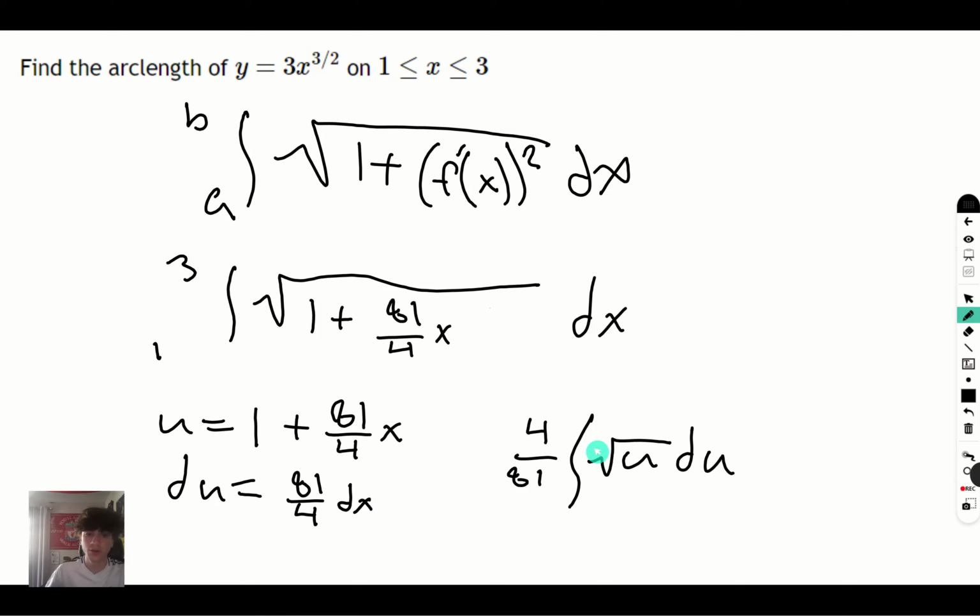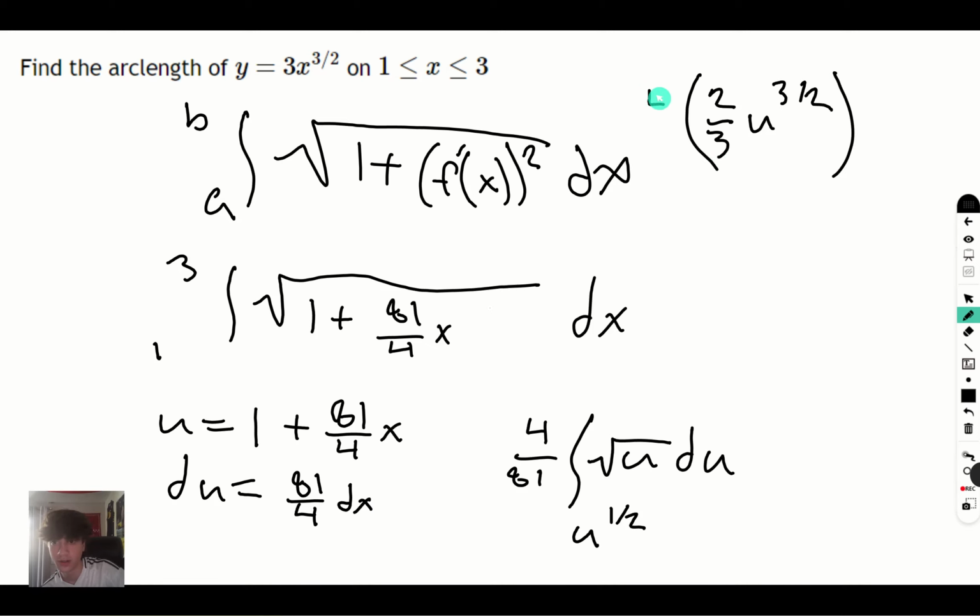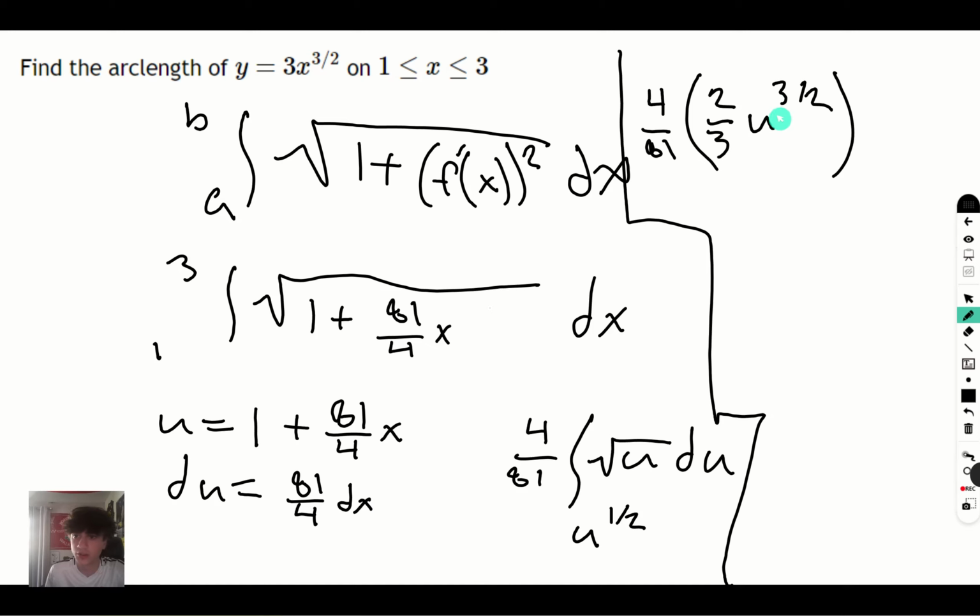And we know that the antiderivative of square root of u du, that's u to the 1/2, is going to be 2/3 u to the 3/2 times 4/81. So there you go. Now we plug in our value for u in terms of x.